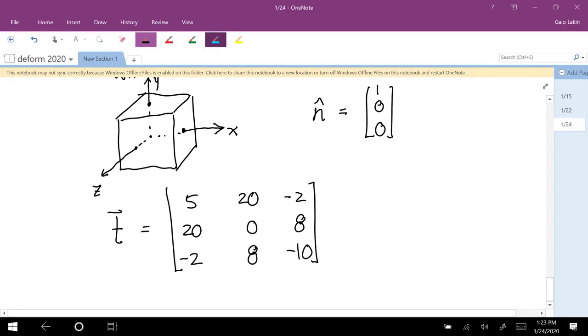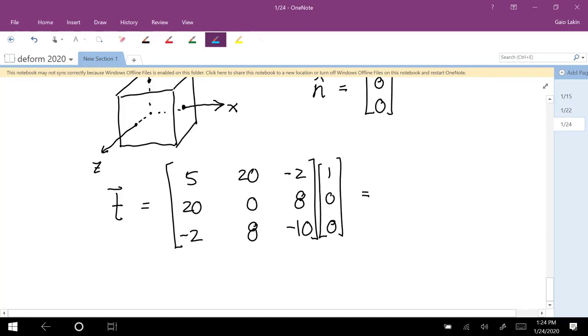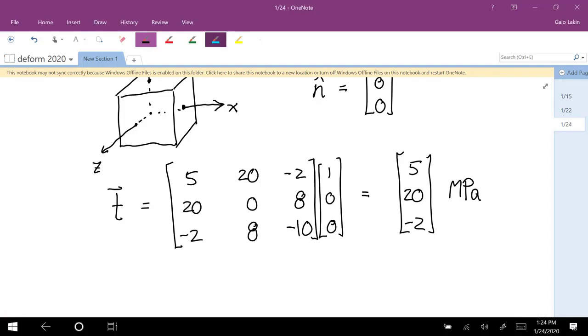And I'm multiplying that by 1, 0, 0. If you do this multiplication, you get a vector 5, 20, negative 2. We're still in megapascals. And that's the vector of force per area acting on that face.